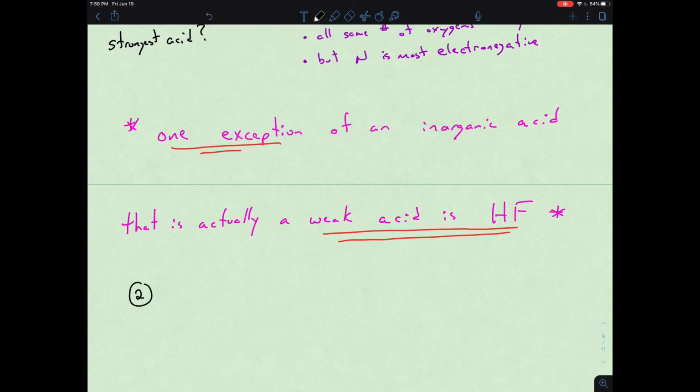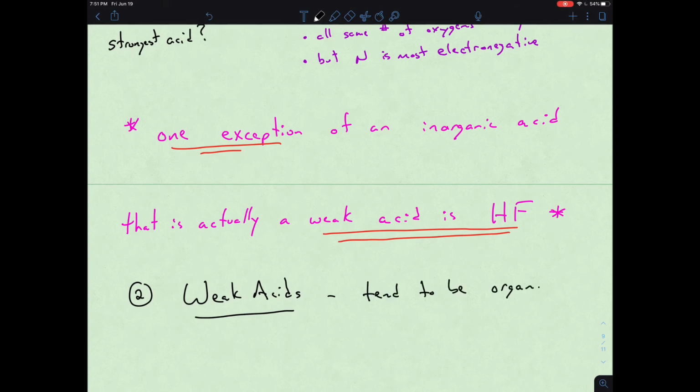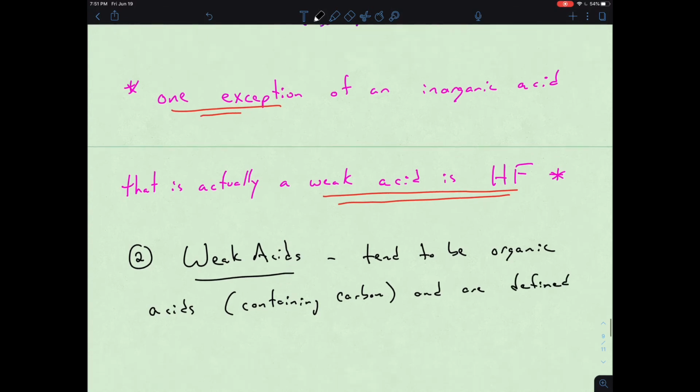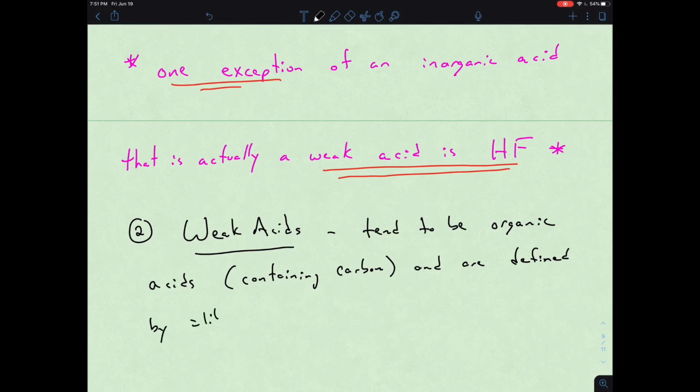So now let's look at weak acids. Weak acids tend to be organic acids. And these are ones that are containing carbon and are defined by equilibria. So we don't have complete dissociation, right?